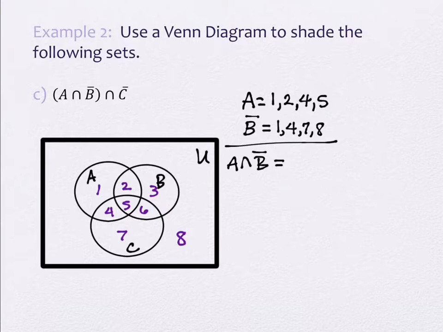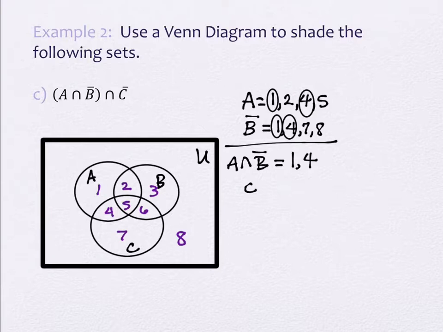What they both have, what they have in common. It's the duplicates, it's the repeats. What numbers do you see that they both have? 1 and 4. So it's going to be 1 and 4. Okay, so now I've got one complete set, the inside of the parentheses finished. What's next?